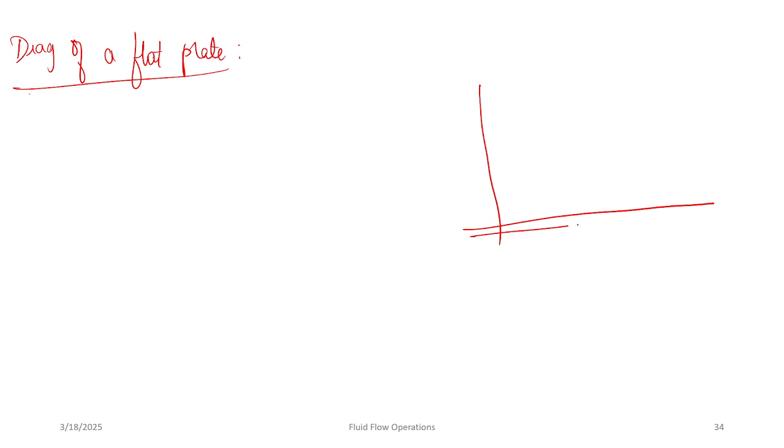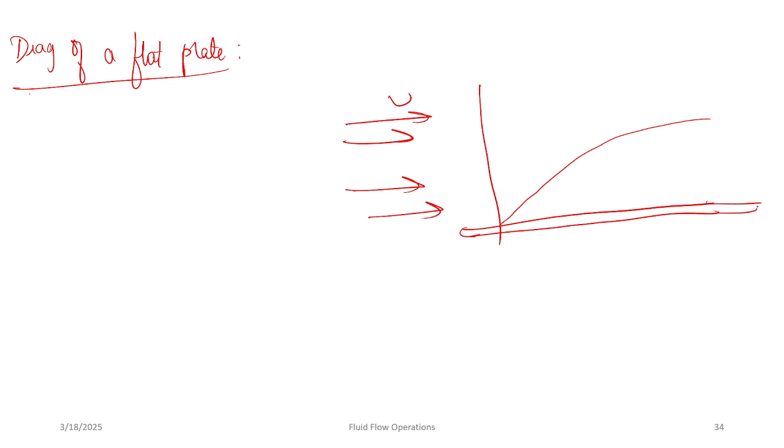Let's say this is a flat plate, and when the fluid is flowing with the velocity U over this flat plate, the boundary layer will be forming gradually. This we have already discussed in the previous class also.